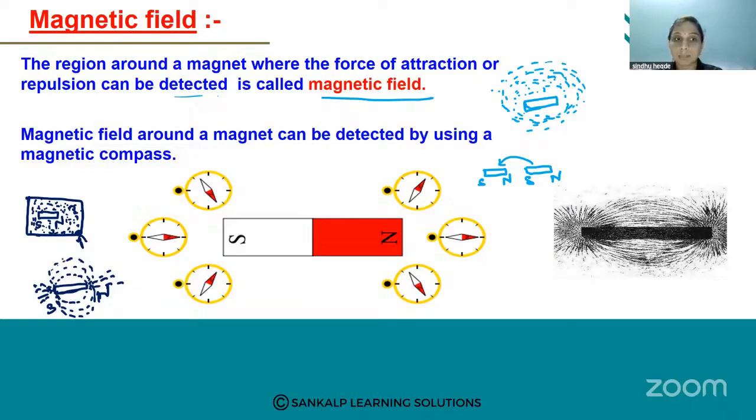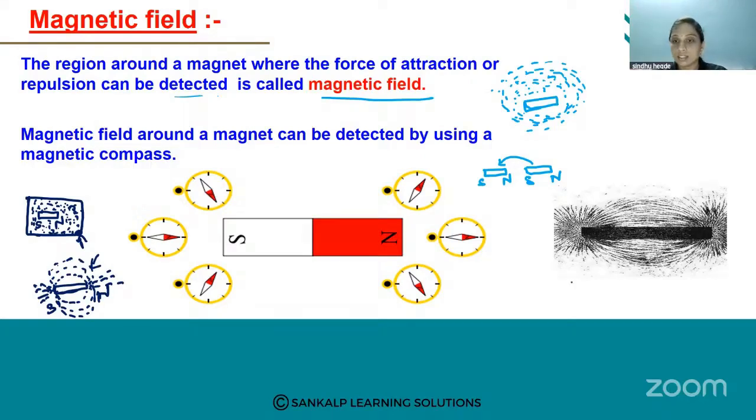So this particular region is called the magnetic field. The region in which the iron is attracted is the region where the magnetic field is generated.